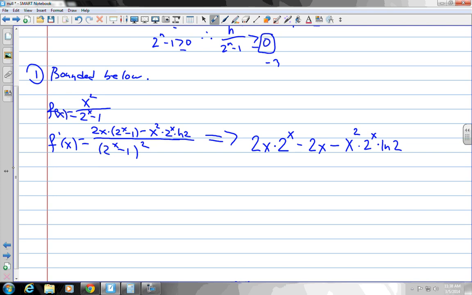What can we say? That's nasty. Can I do some factoring and pull out an x? What's left if I pull out an x? It's 2 to the x plus 1, minus 2, minus x times 2 to the x times the ln of 2, right?